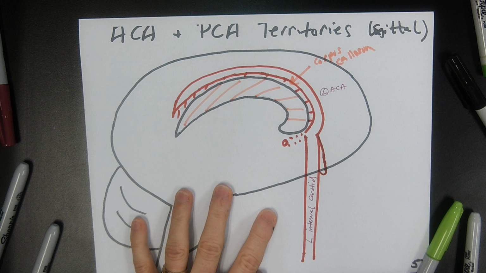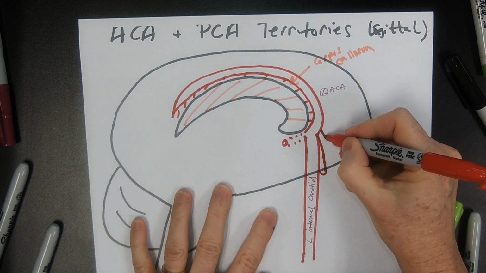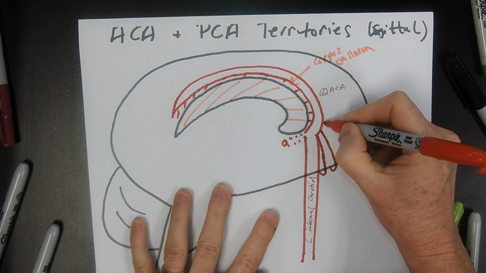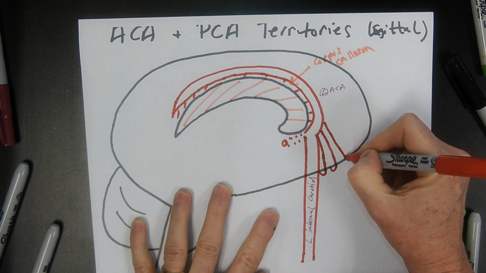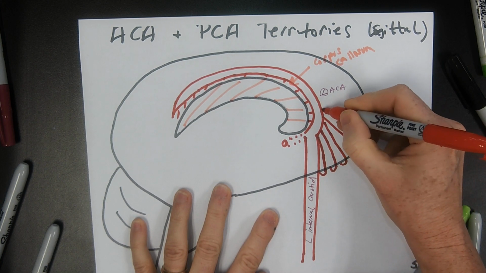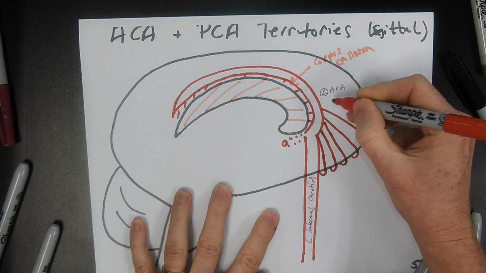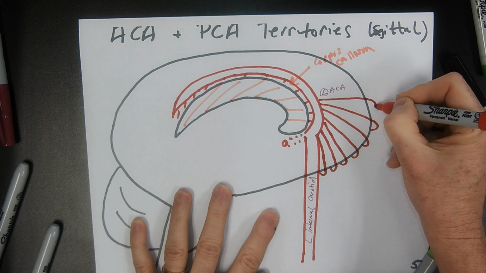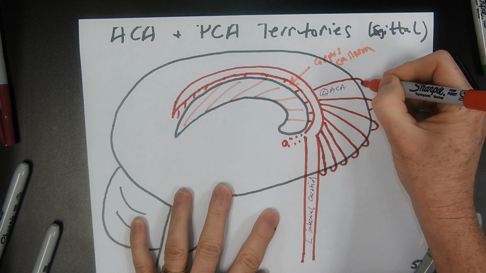You're going to get a little bit of the lateral surface of the brain. Okay, so all of this medial surface up in here is ACA territory, but then there's a little flip. We'll talk about the importance of that with the next drawing. But you should know ACA is a big supplier of the frontal lobe medial surface all the way across.